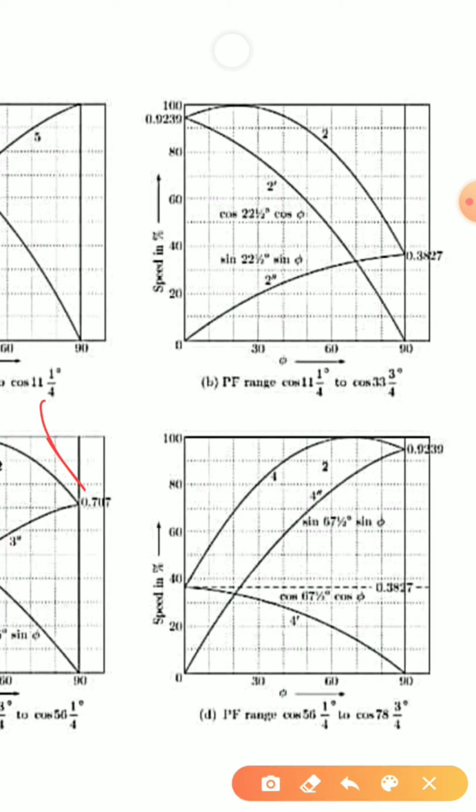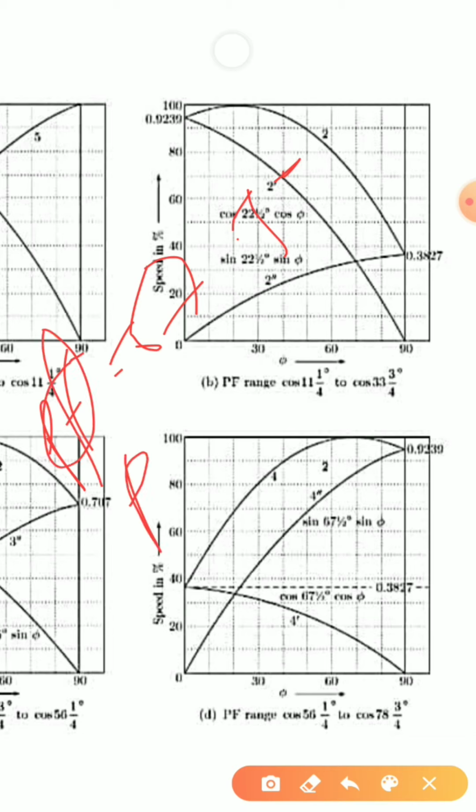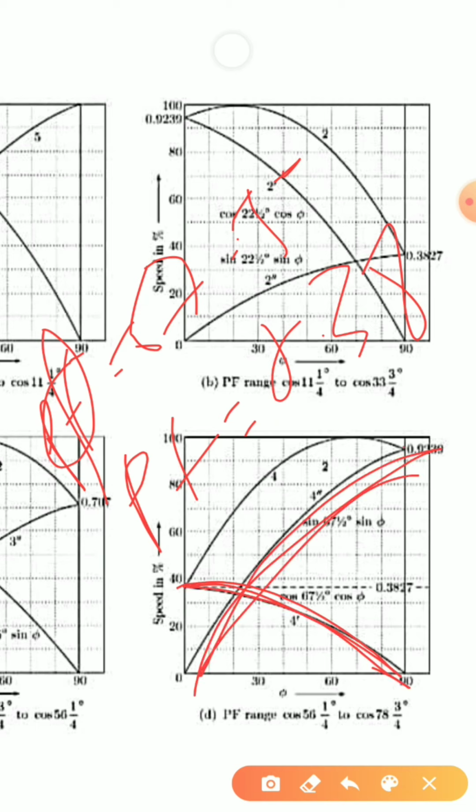Here the phase angle is 67.5 degrees and the power factor's value is 0.38. Here also this is because of the energy meter and this is because of the reactive meter. Summing both of these, I get the fourth curve.